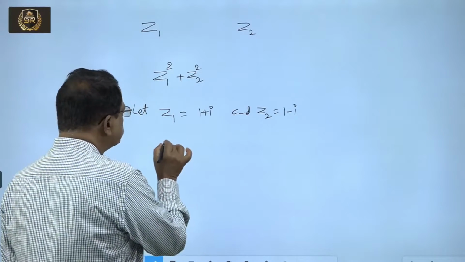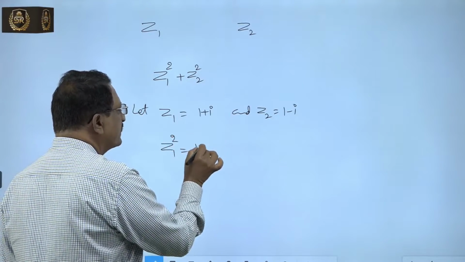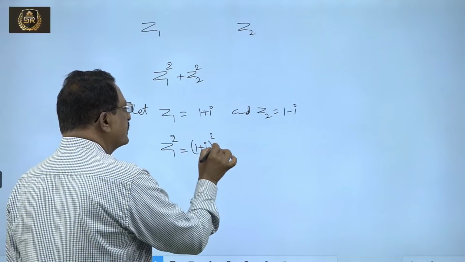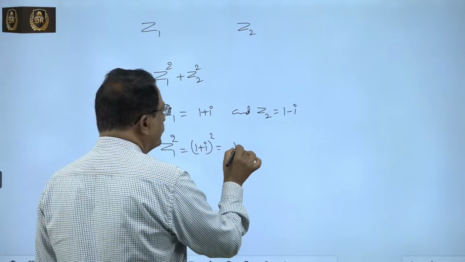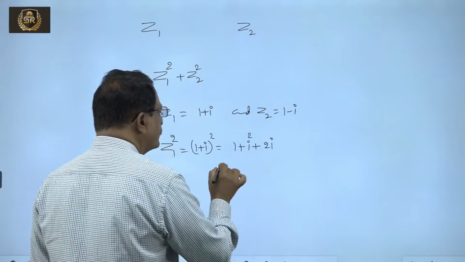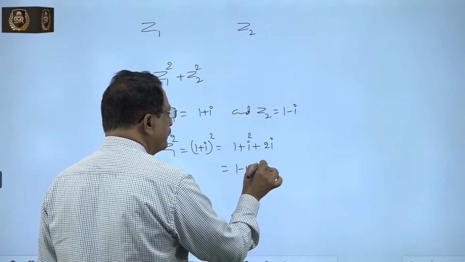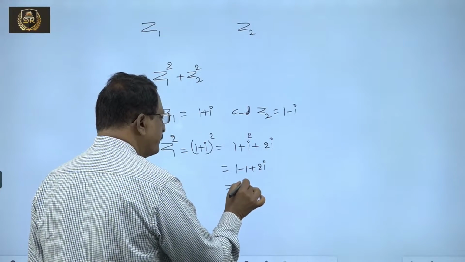Now Z1 squared equals (1 plus i) whole squared, that equals 1 plus i squared plus 2i, that equals 1, i squared equals minus 1, plus 2i, that equals 2i.